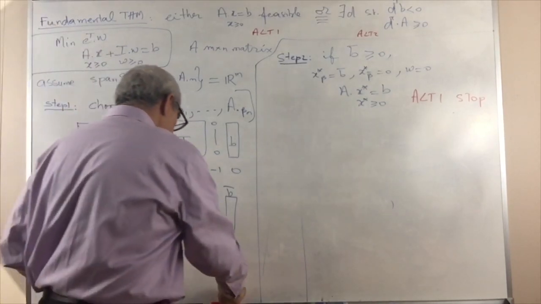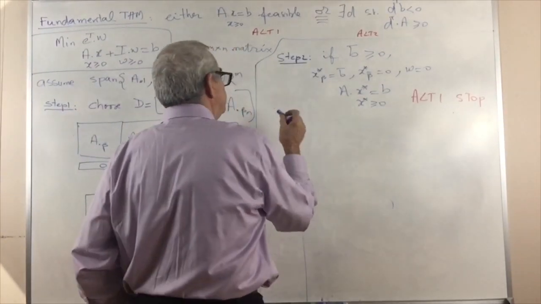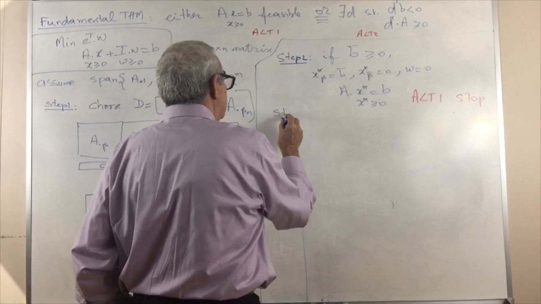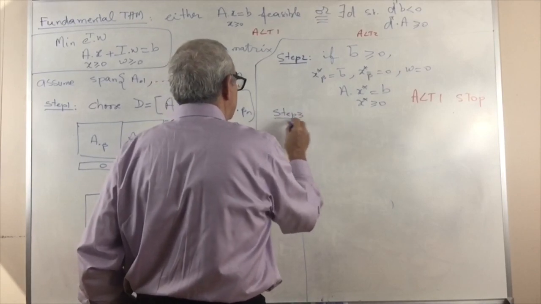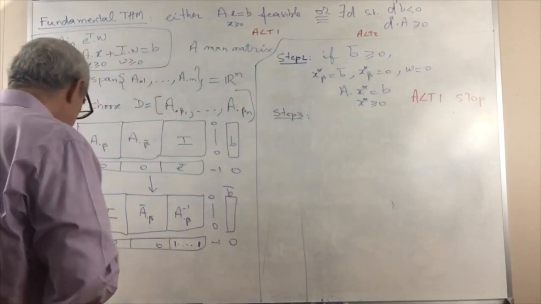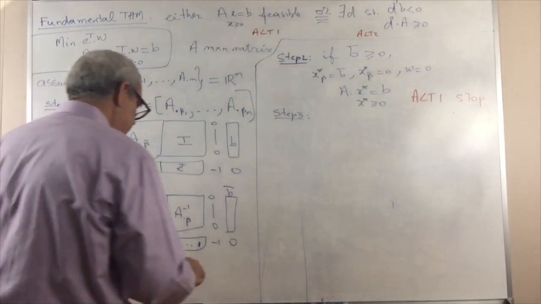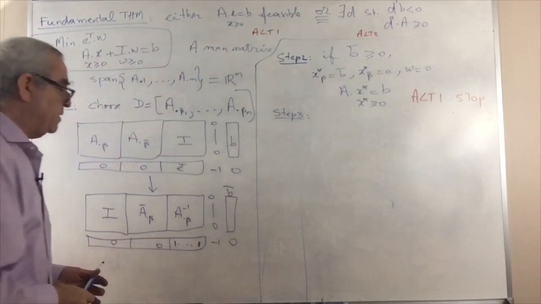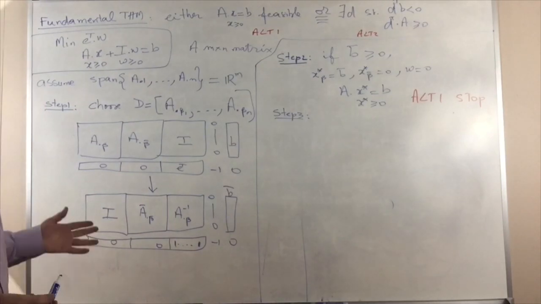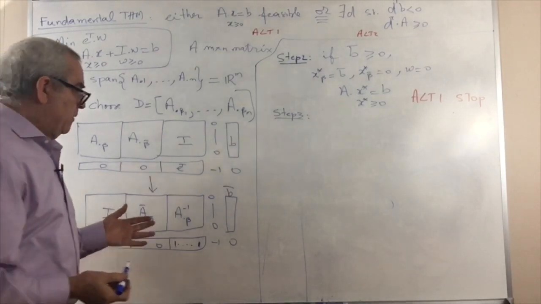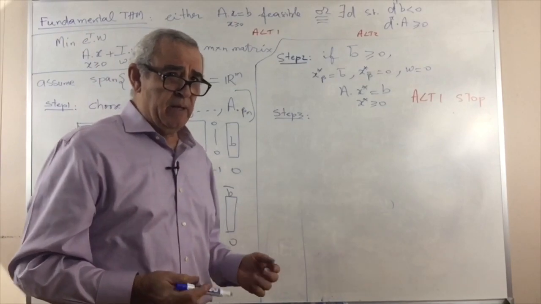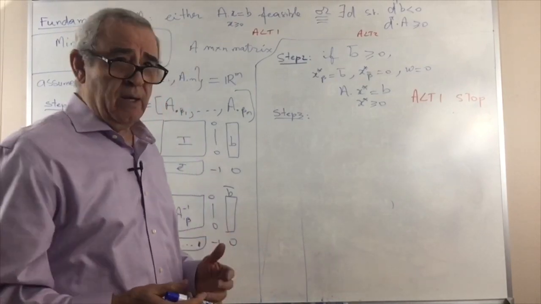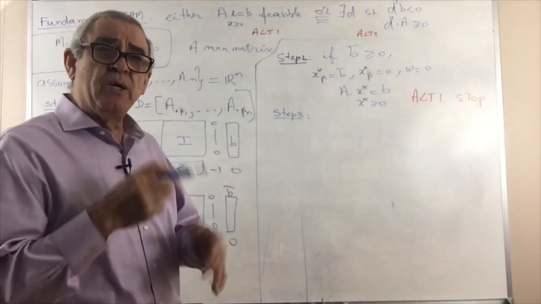Otherwise, we go to step 3. There is a negative number here. All right. There are many negative numbers over here. So here we're going to use the dual simplex algorithm, and dual simplex with Bland's rule so that we don't cycle.